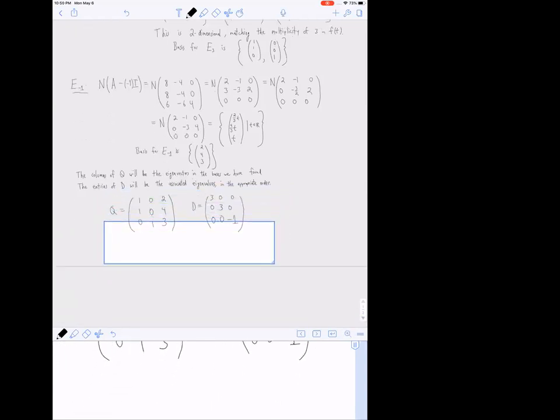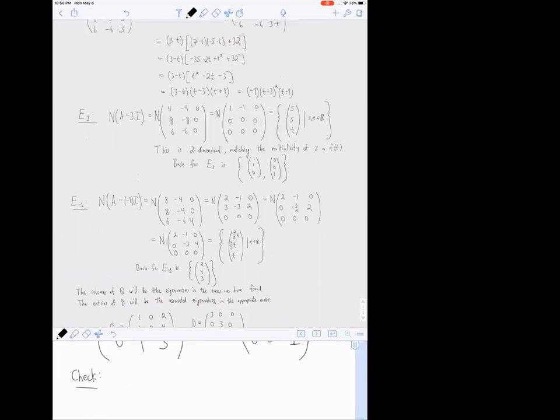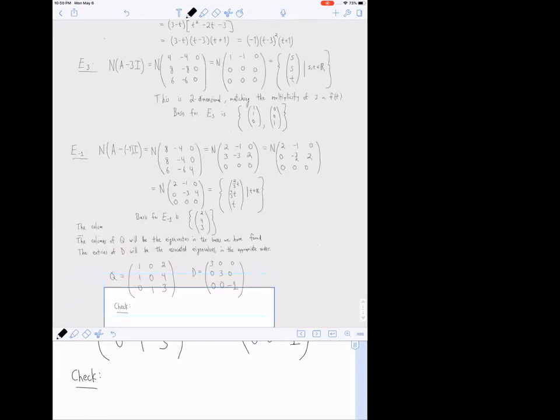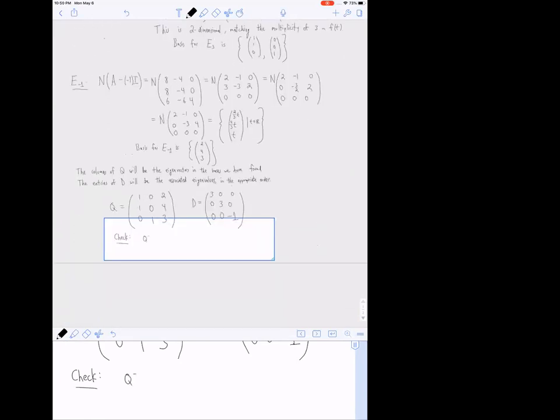And if you want to confirm that this in fact works out, what we're told is that we need to check that Q inverse AQ is equal to D, but observe that this is true if and only if AQ is equal to QD.